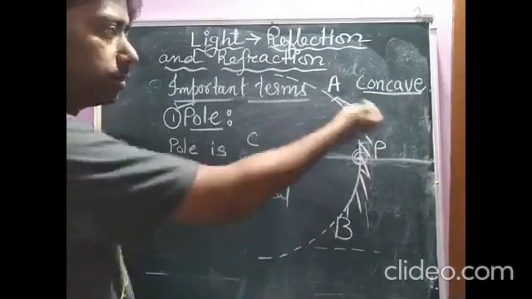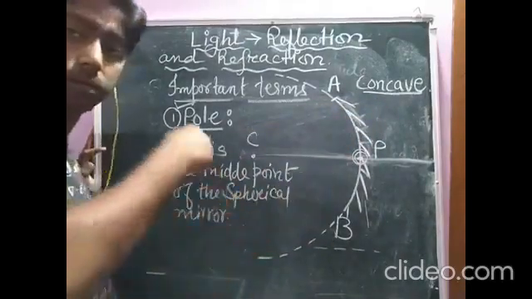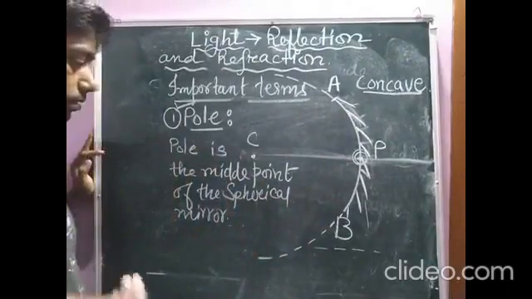It does not matter whether the mirror is concave or convex, it will have a pole. It is the middle point of the particular mirror.